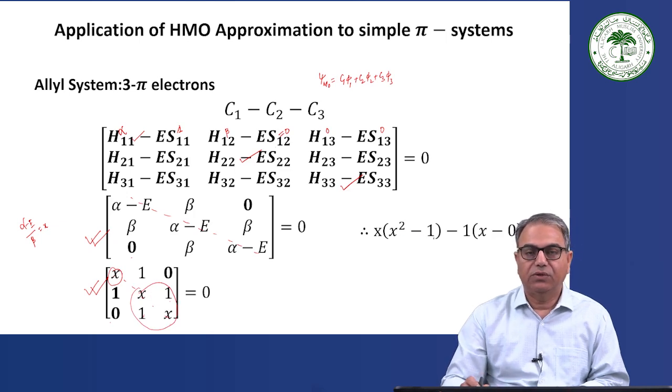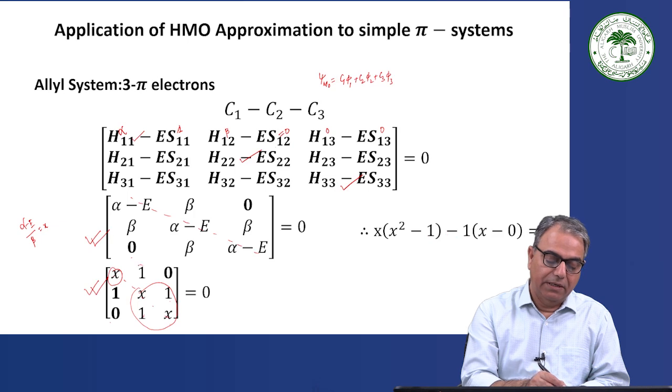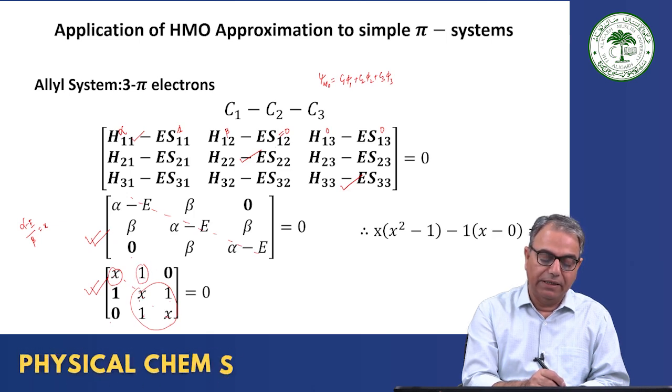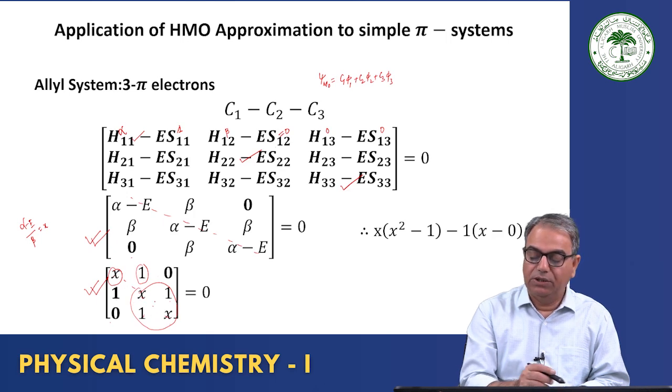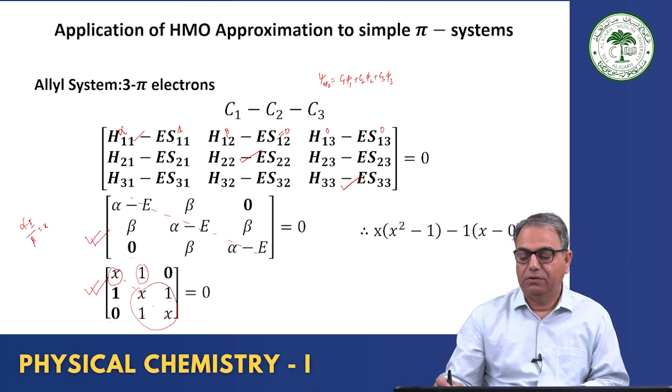So x into x square minus 1, then take the second term and neglect the first row and middle column, and the rest 2 by 2 determinant you will consider. So it will be x into 1, x minus 0. This is equal to 0.